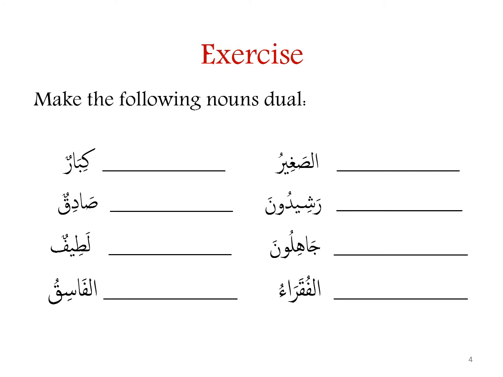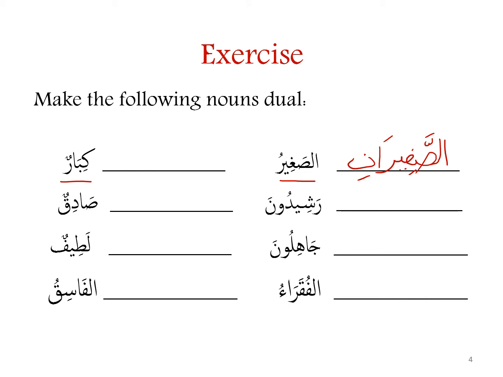If we were to make these words into the dual, we'll do a few examples. If we have as-saghiru, this is singular, we would make it as-saghirani. Kibarun.